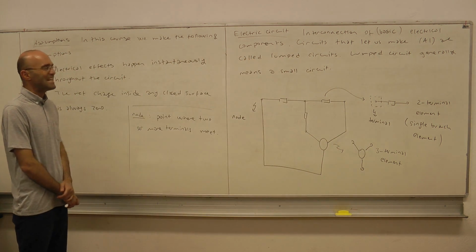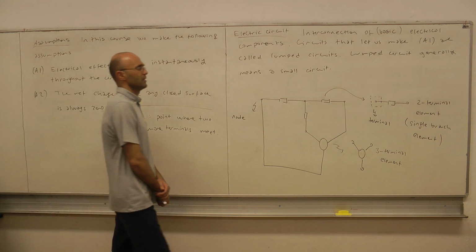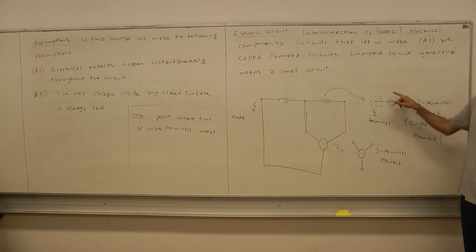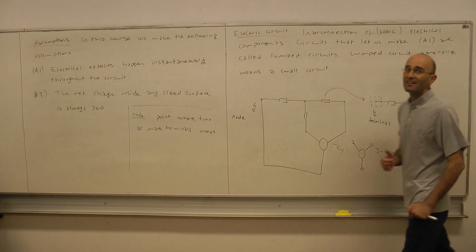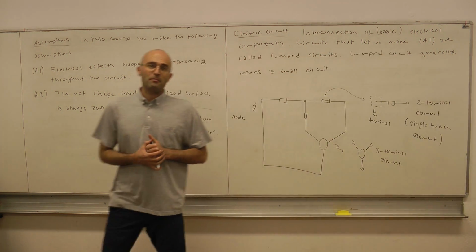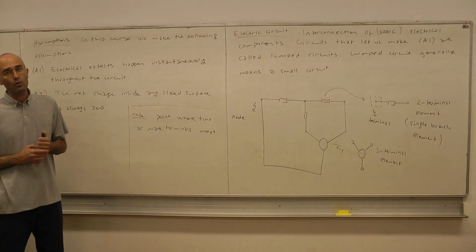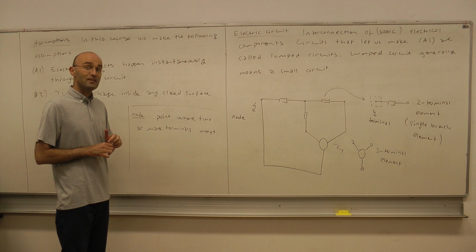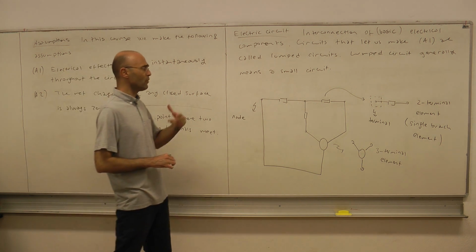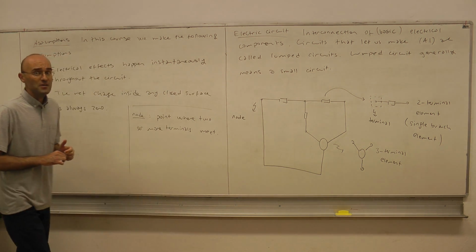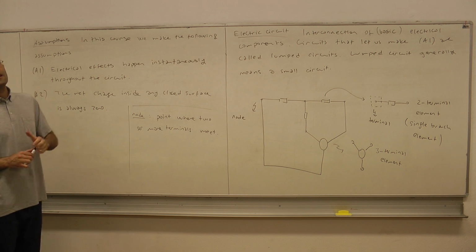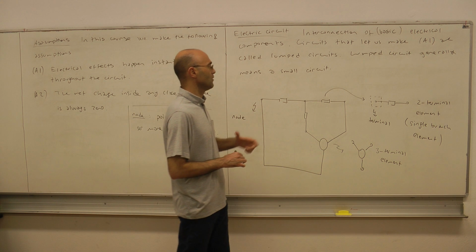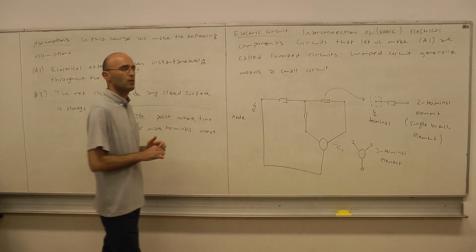We have 10 such components, and each two-terminal element means one voltage and one current. So that makes 10 voltages and 10 currents, a total of 20 unknowns. Therefore, we have to figure out 20 equations in order to be able to solve that circuit.